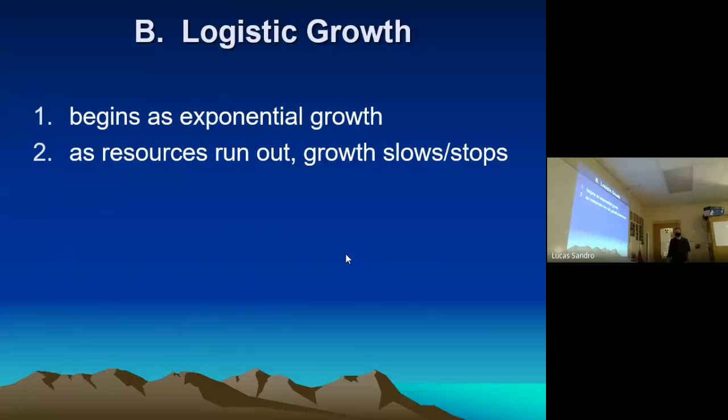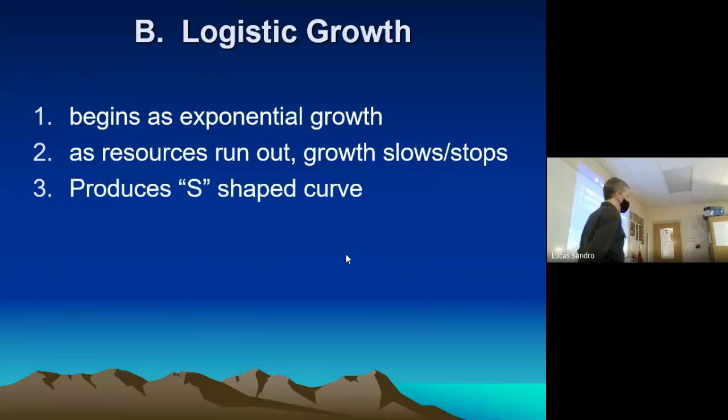And then as whatever resource runs out, the growth slows and stops. What letter do you want to pick for that curve? Exponential is J. This is often called an S curve.